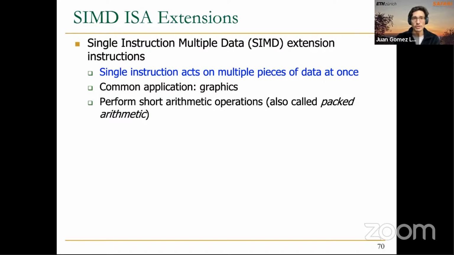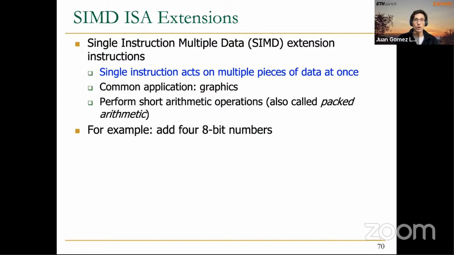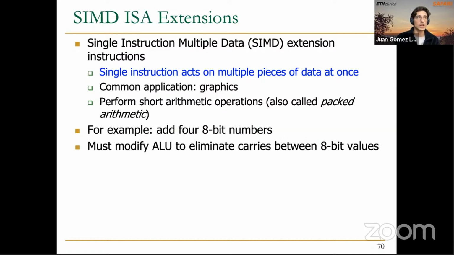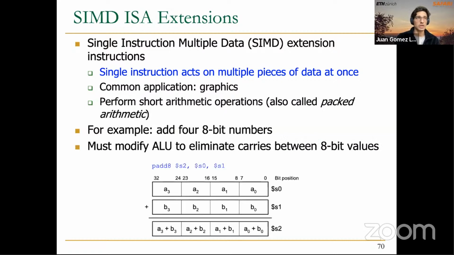Also, for some of these applications, we may not require full precision, like 64-bit or 32-bit precision. So in the end, the idea here can be dividing the current ALUs that we have in a system in a way that they can operate on smaller data types.